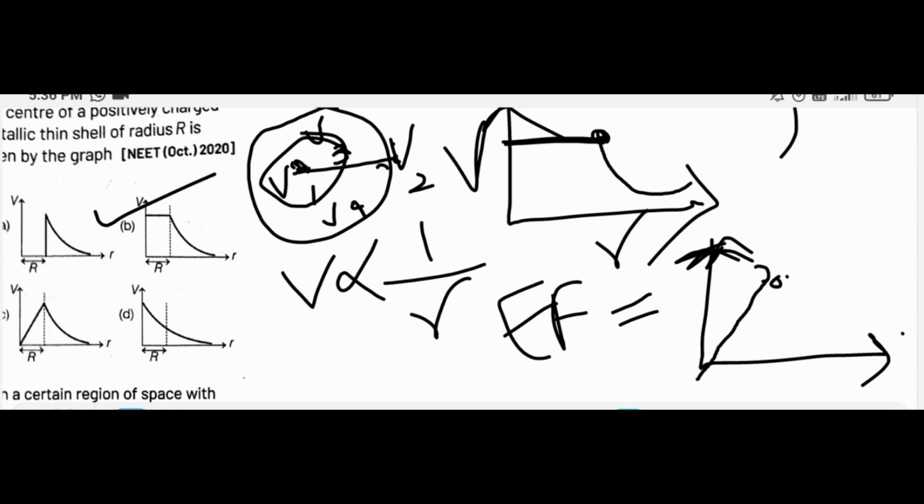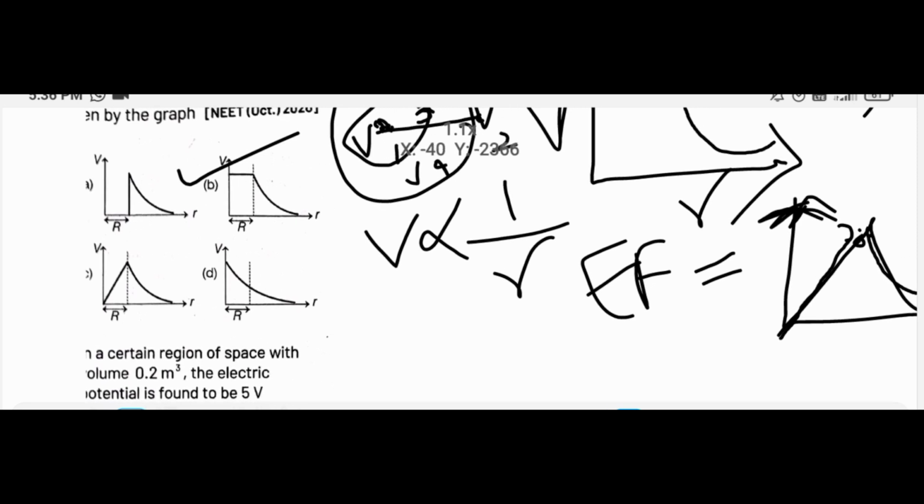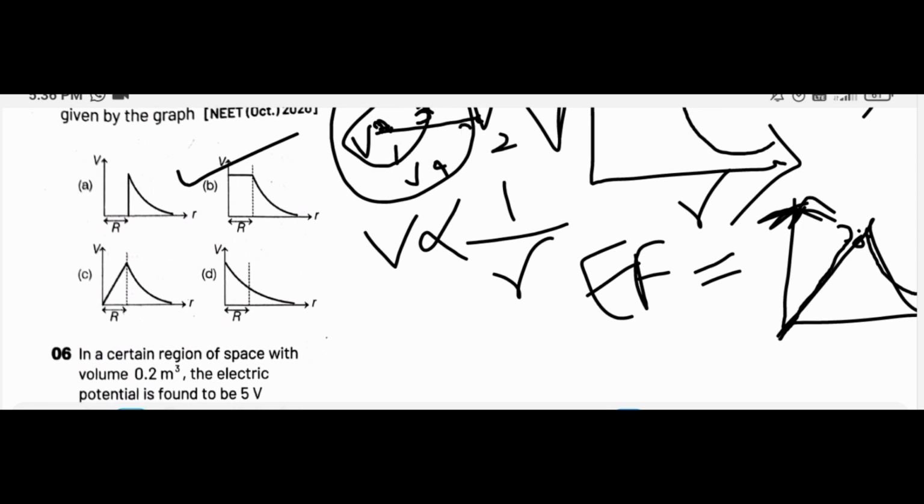Away from the surface, as the radius increases, the electric field keeps decreasing. So for the electric field, this will be the answer. So we found how both electric field and potential vary with the radius. Option C is correct for the electric field, and option B is for potential. Here they ask for potential, so the correct answer is option B.